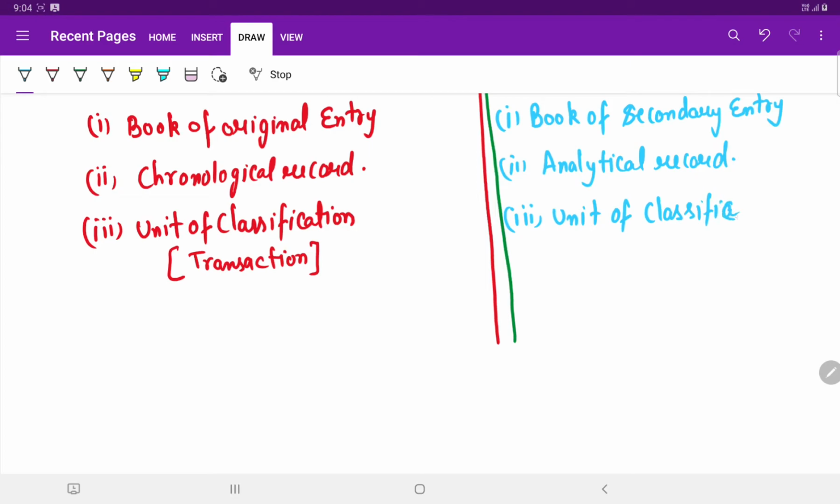So a ledger is an account based book, whereas a journal is a transaction based book.